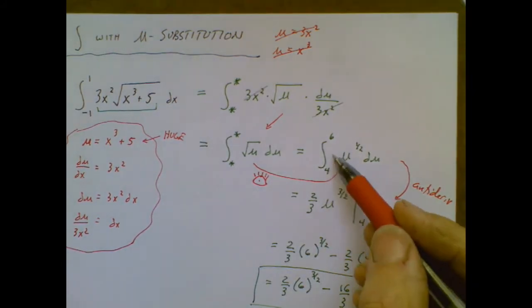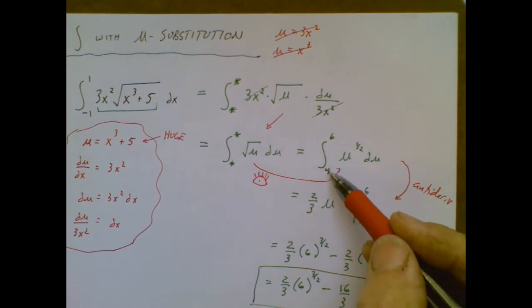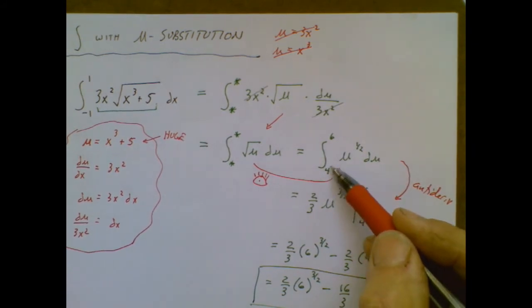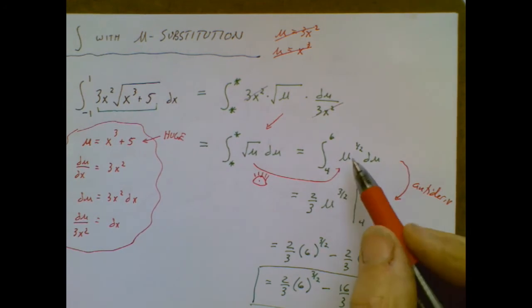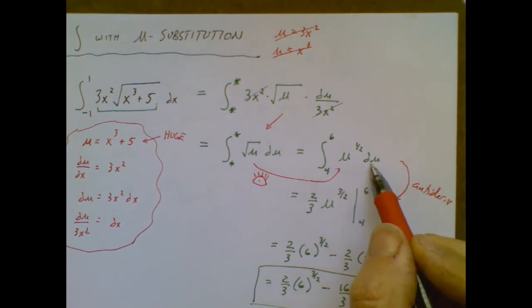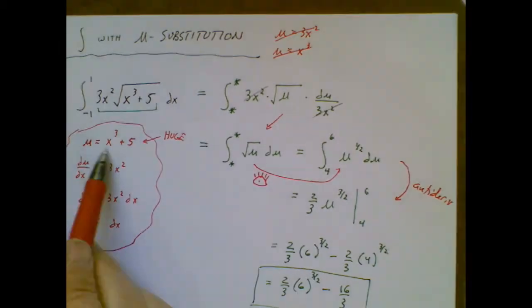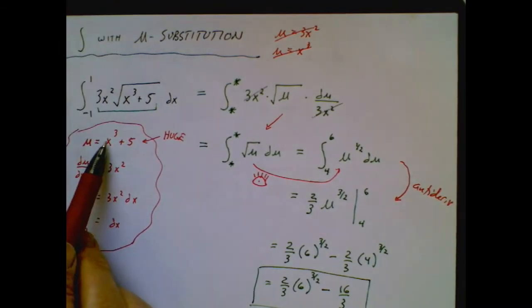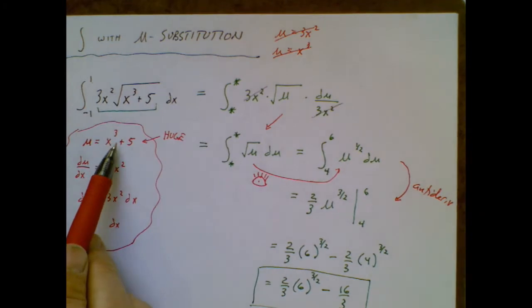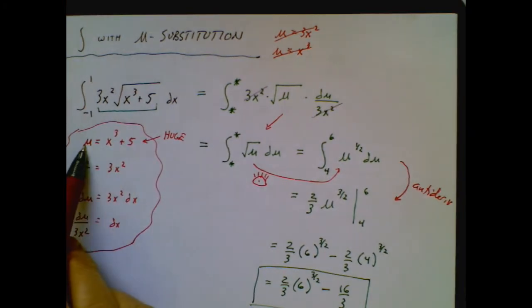But you'll notice now that I have new limits of integration. So how did those come about? Here's how. Since I was in the u world, no longer in the x world, I have to take my x limit of integration, the 1, and plug it into this equation. Take that 1 cubed plus 5 gives me 6.